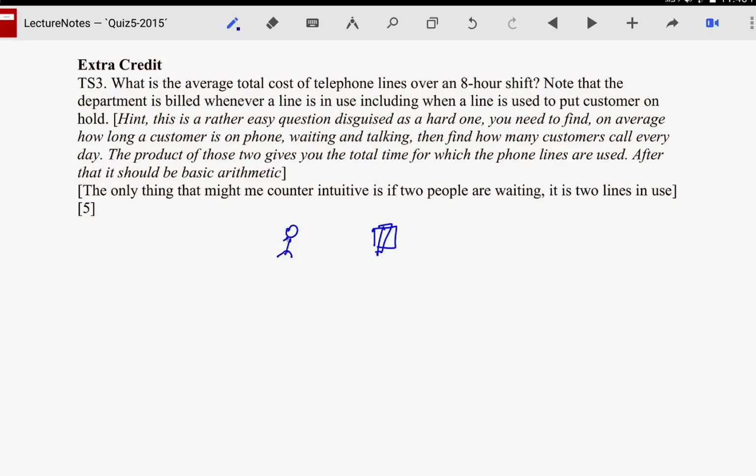So this person is online, this person is online, and he is online talking. Then one line, so this is Tom, he's talking to this person on the phone, this person is on hold, this person is also on hold, and this person is also on hold. It sounds very difficult to find your phone cost, because you have to pay for the phone line that is being used, the line which is on hold is being used, and the line that is unused. Well, it's hard to think about it.